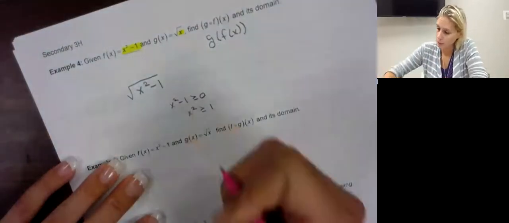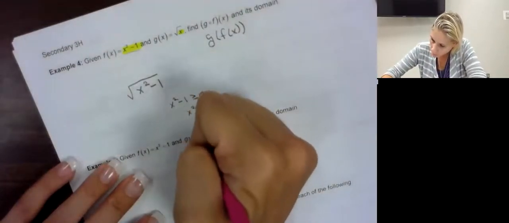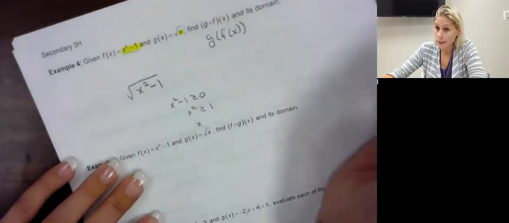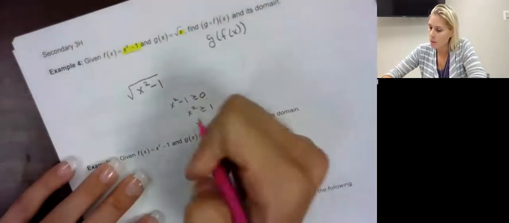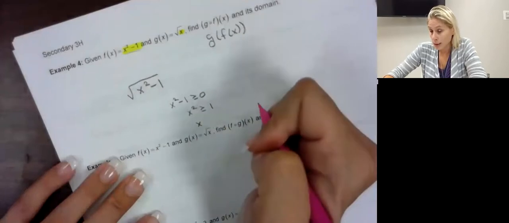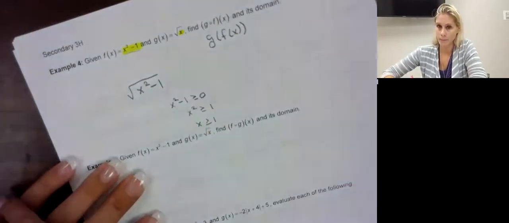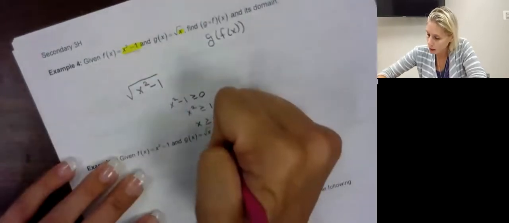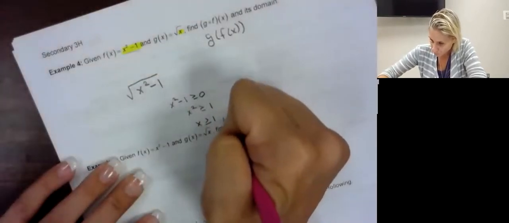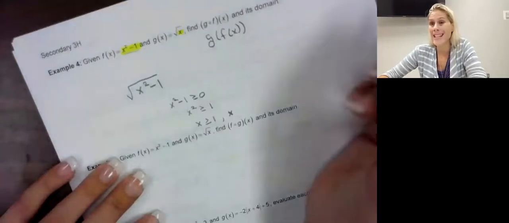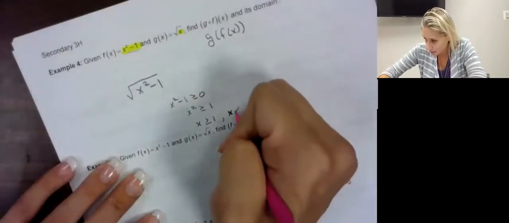Take the square root. But when we take the square root, we end up with a positive and negative. So watch this. When we take the square root of both sides and we have a positive, we keep the sign the same. But when we talk about taking the square root and doing the negative, you actually have to switch the sign.